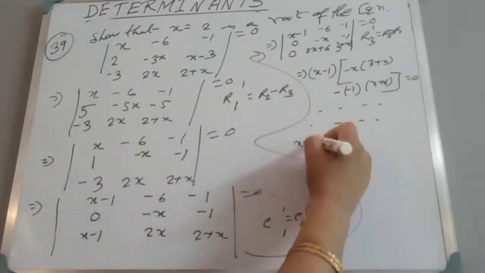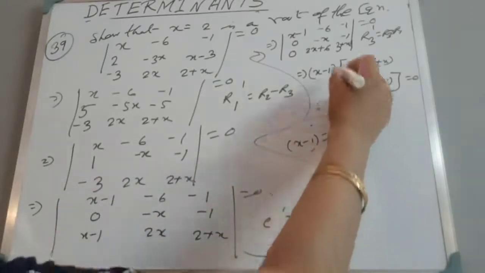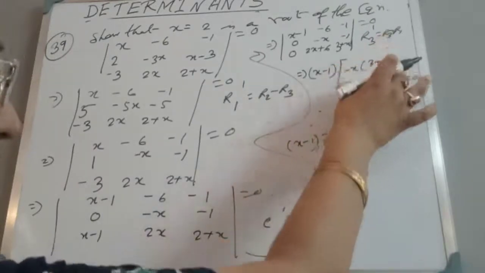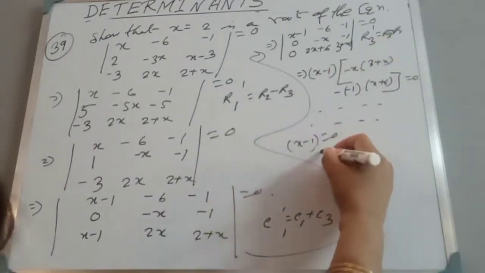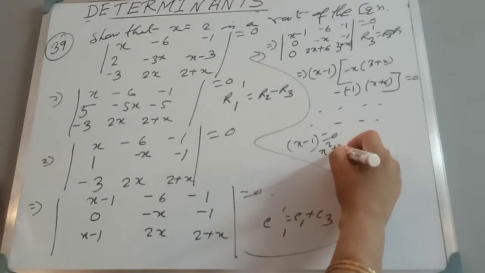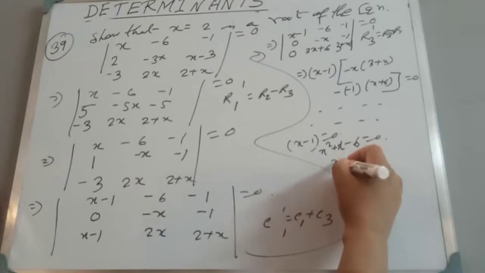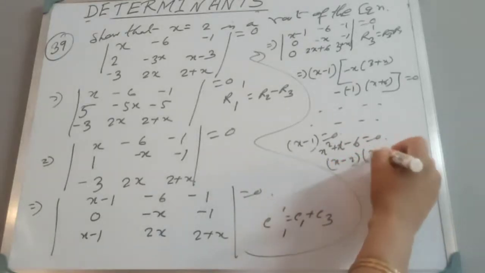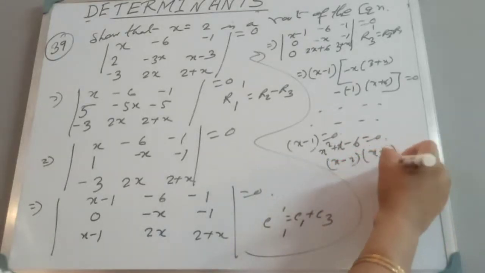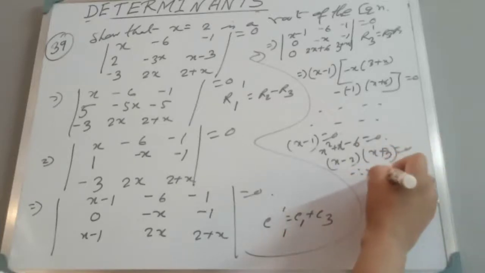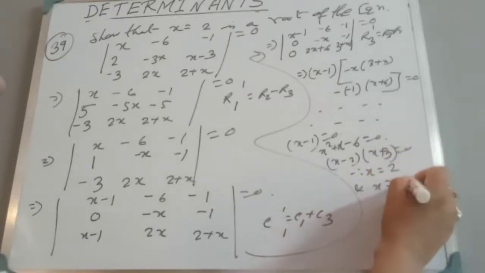One part we get x minus 1 equals 0, and in the bracket we get x square plus x minus 6 equals 0. From this expansion we get x minus 2 into x plus 3 equals 0.